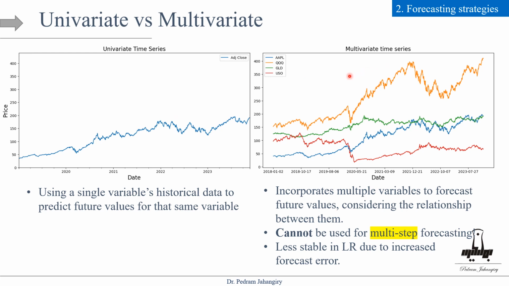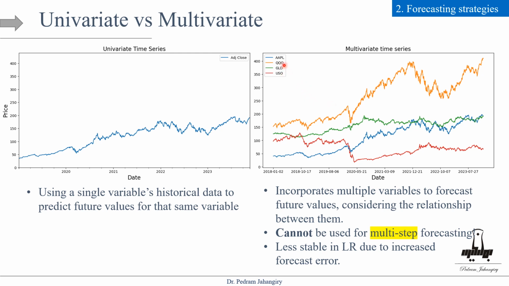Multivariate modeling incorporates multiple variables to forecast future values, and at the same time you're considering the relationship between these variables. For example, imagine you want to predict Apple stock price, but you're considering a bunch of other variables as well. Here I'm showing 3 features, but it can be a lot more.